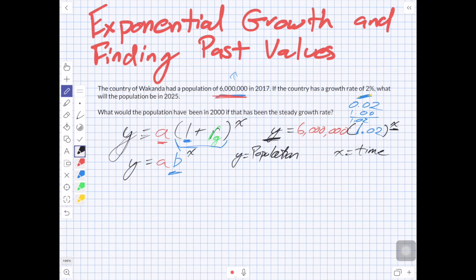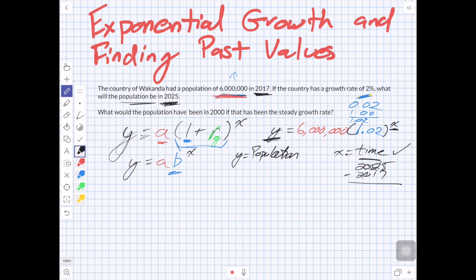In order to solve for our population, because they asked what will the population be in 2025, we have to figure out how much time they're asking. They didn't give us a specific value. All they said is that in 2017 this was the population, so what will it be in 2025? Because they've given us two dates, we can solve for time here. Let's take 2025, the year they want, and subtract 2017 to see how much time will pass between those two values.